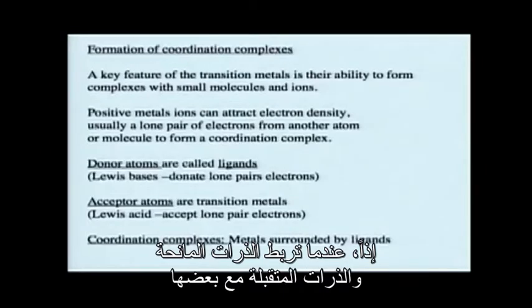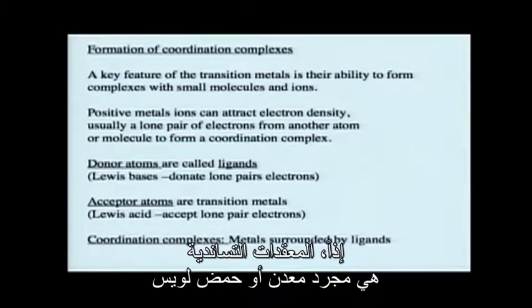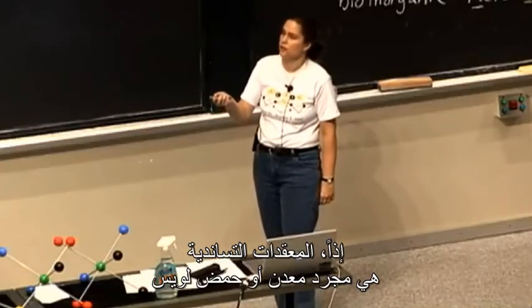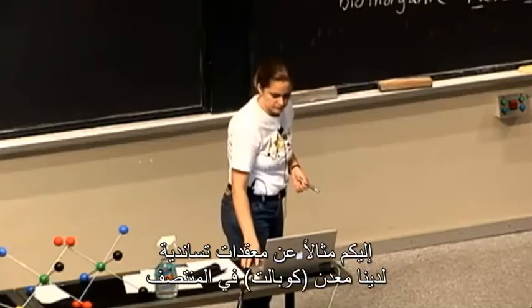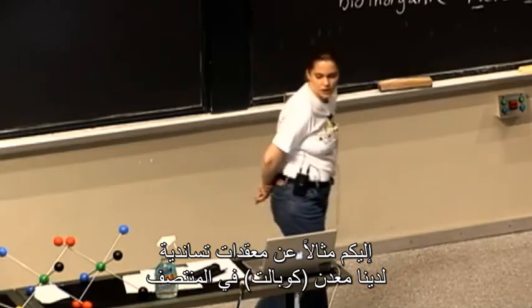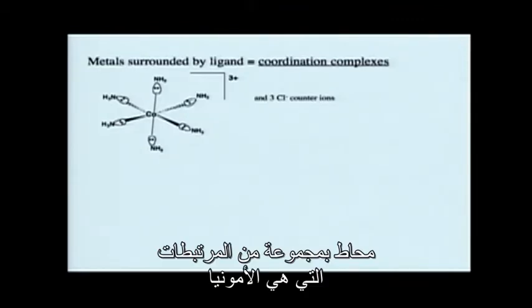So then when you take your acceptor atom and your donor atom and you put them together, you get what is known as coordination complexes. So a coordination complex is just the metal or the Lewis acid surrounded by the ligands or the Lewis bases or the donor atoms. And here is an example of a coordination complex. We have cobalt in the middle, and it's surrounded by a series of ligands, and these are NH3 ligands.